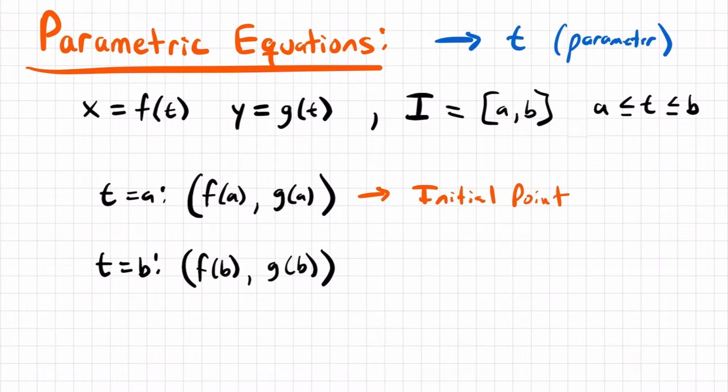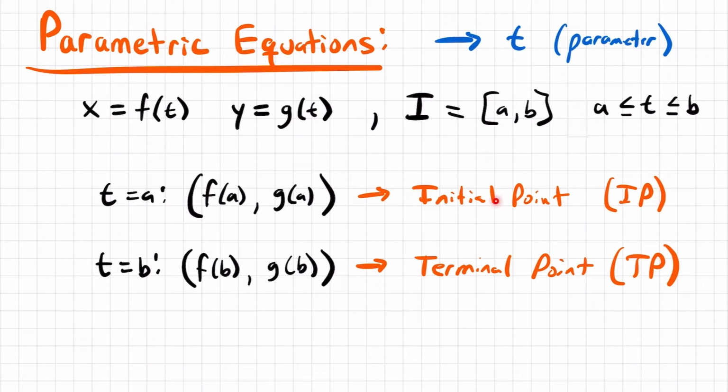And this coordinate point represents where the object's path ends, or where the plane curve ends, and we call that the terminal point. If you want, you can abbreviate these. Sometimes you'll see IP and TP, IP for initial point and TP for terminal point.